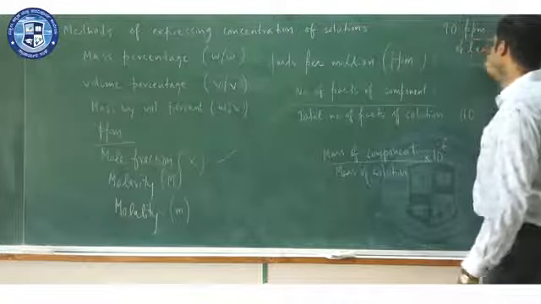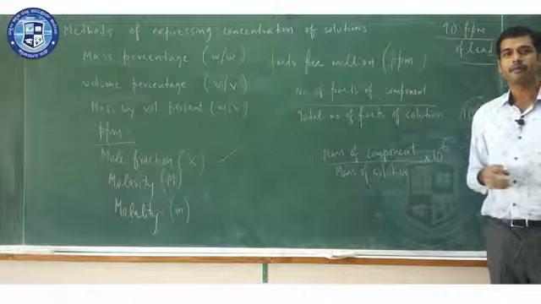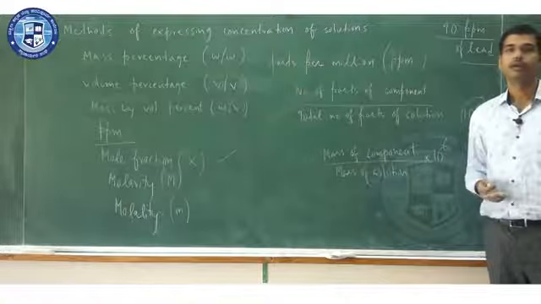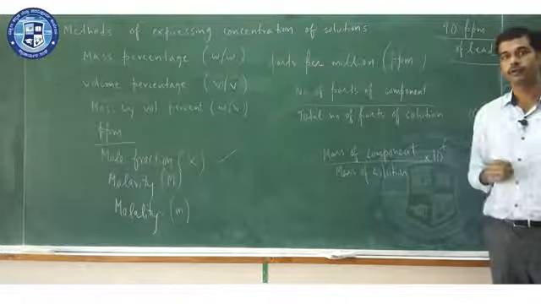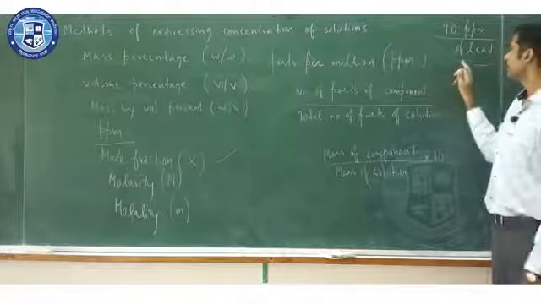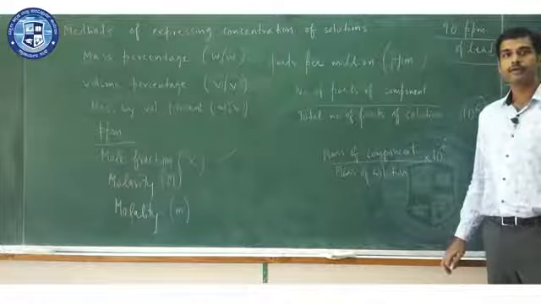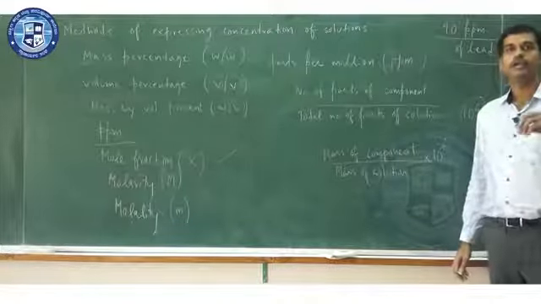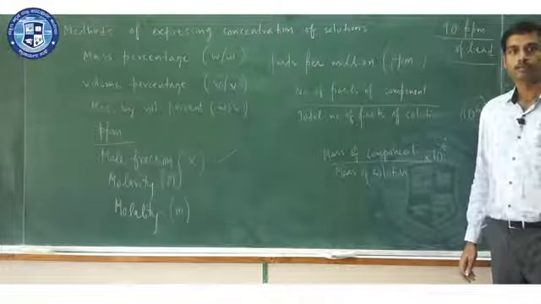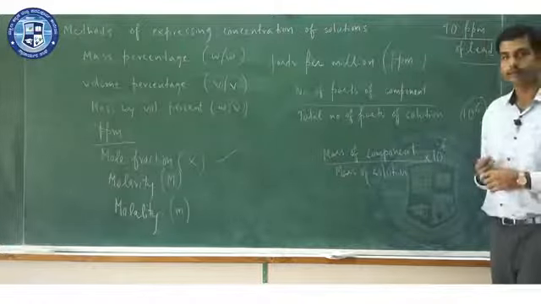So a given sample of paint should not exceed 90 parts per million of lead. Lead is a heavy metal, toxic, it might lead to health hazards, and therefore the percentage of lead should not exceed permissible limits, 90 parts per million of lead. What do you mean by this? You take this paint solution and you divide this into 1 million parts, and out of 1 million parts, 90 parts will be of lead. So that is the concentration expressed in terms of parts per million.